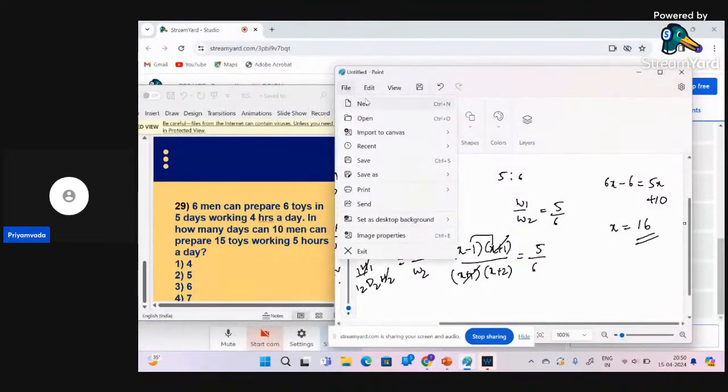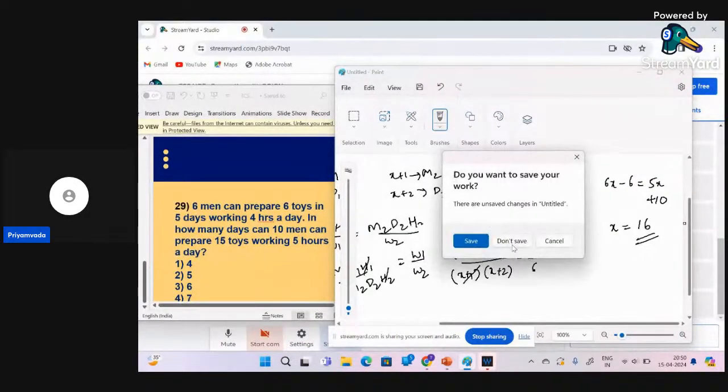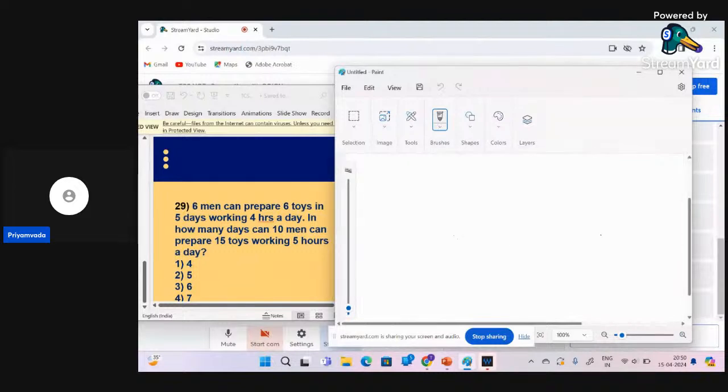So let me just erase this. So M1 D1 H1 by W1 equals M2 D2 H2 by W2. What is M1? 6. How many days are they working? 5.